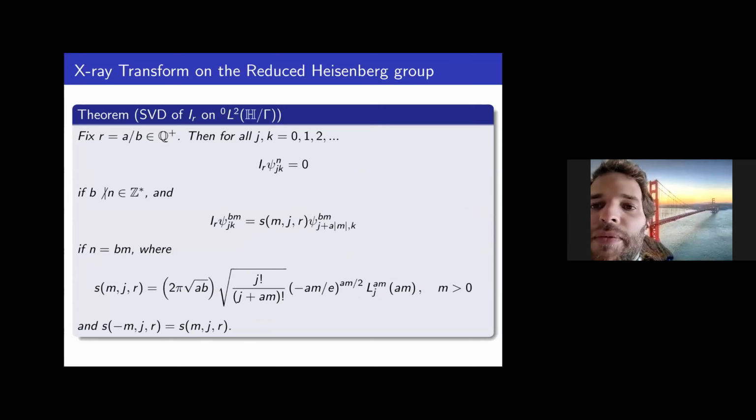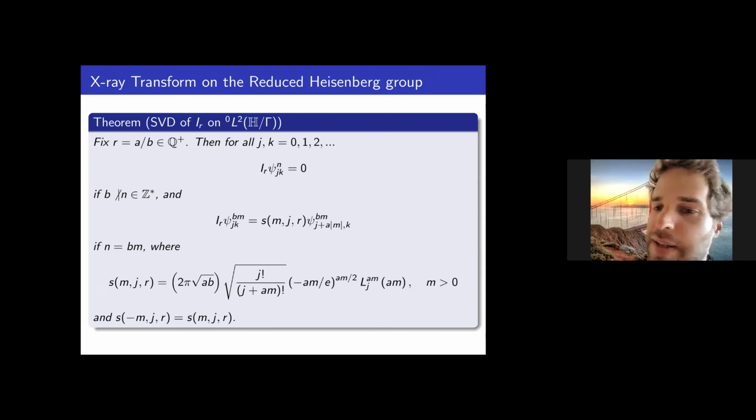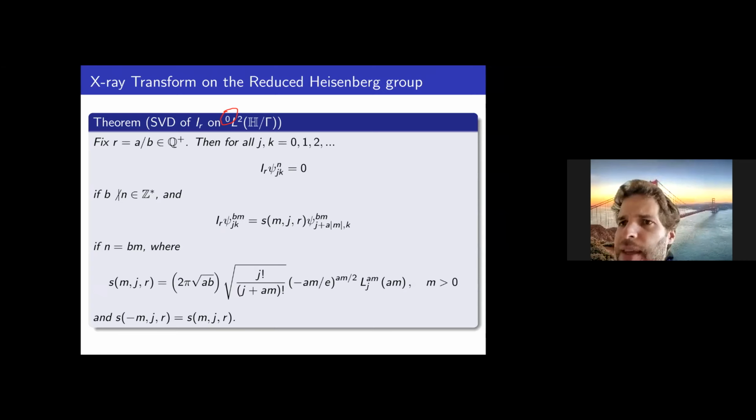So we have these functions psi with these 3 subscripts n, j, and k that form an orthonormal basis for L2 of the reduced Heisenberg group. I haven't written them down explicitly here. And this 0 I'm placing on L2 just means that I'm considering functions whose integral through the center direction is 0. So if we take this natural orthonormal basis for L2 functions on this quotient of the Heisenberg group, then we actually have a very concrete singular value decomposition.